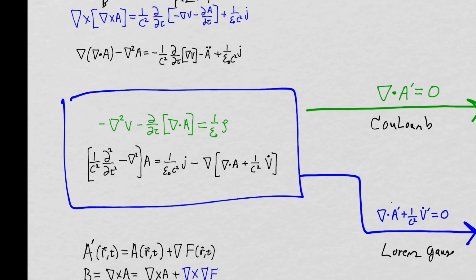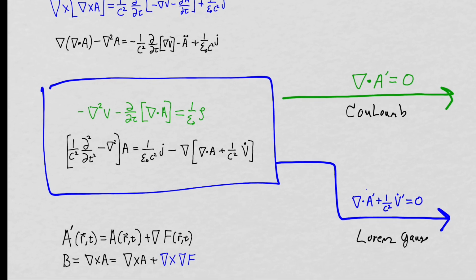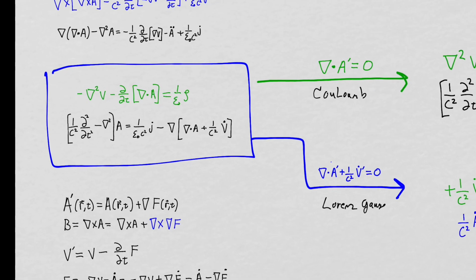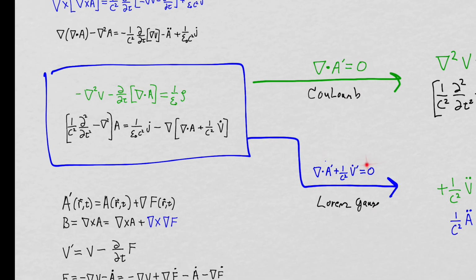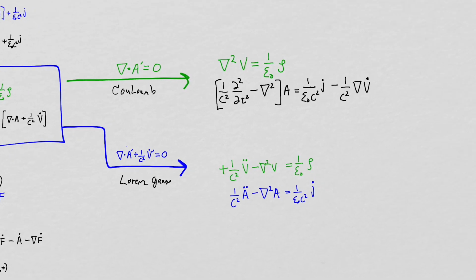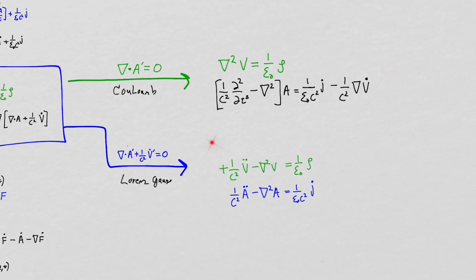And then we discovered that the ambiguity of these potential formulations, the gauge ambiguity, allows us to choose these conditions, these gauge conditions. And we can choose the Coulomb gauge condition because we can always find an f to transform us into the Coulomb gauge, and we can always find an f to transform us into the Lorentz gauge, where we get these nice, simple versions of Maxwell's equations, simple in a formal sense.